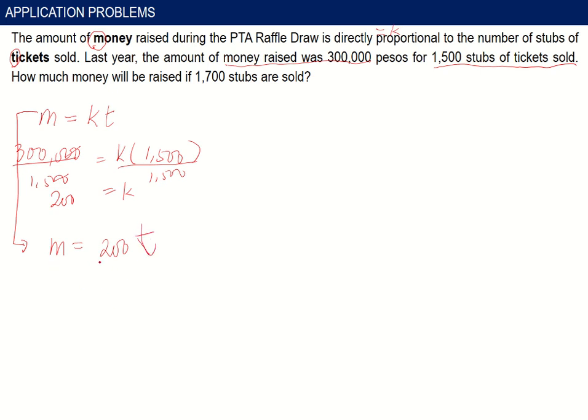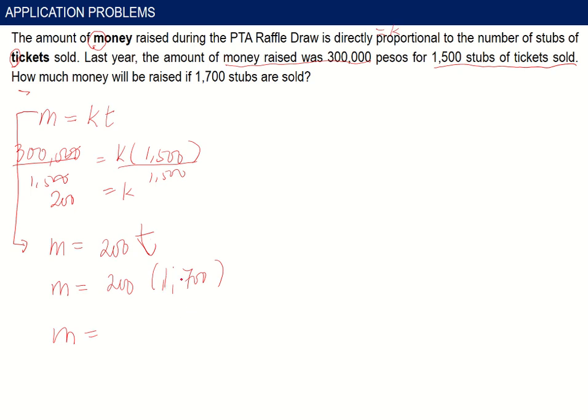Then make use of this t to answer the problem. How much money? So, this is unknown. Copy m because that is unknown. Copy k. Then, will be raised if you have 1,700 stubs of tickets. So we have M now is, you get the product of the two.